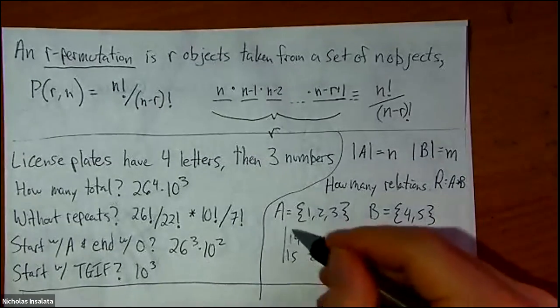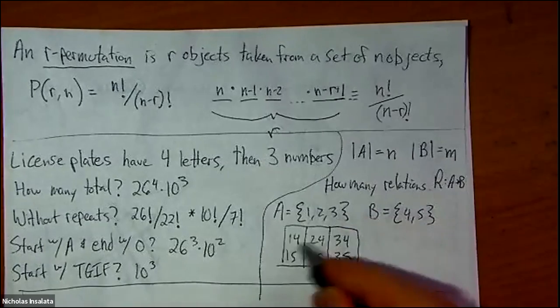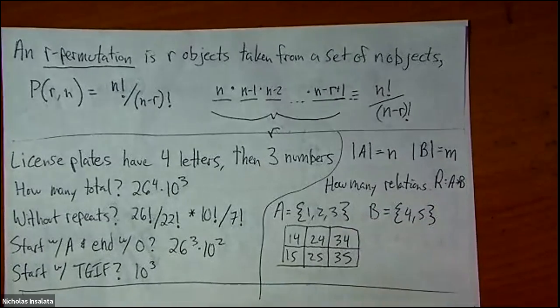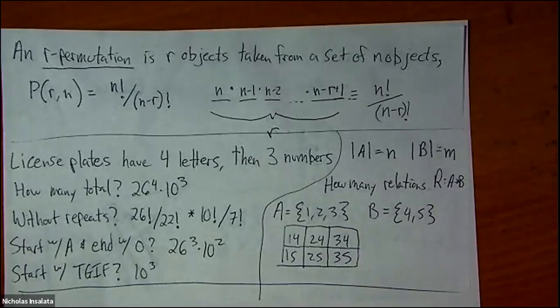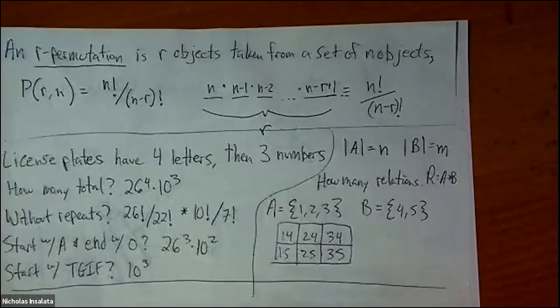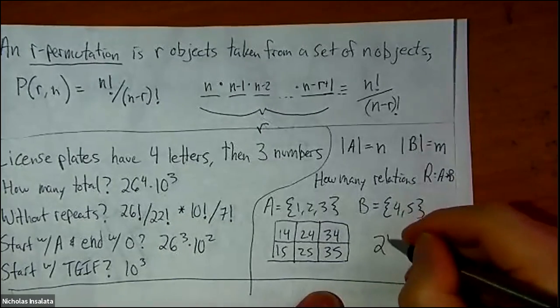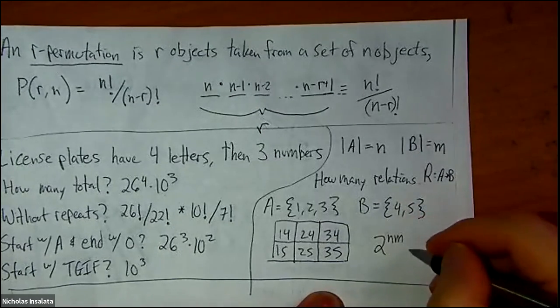Now all of these are what could be in the relation, but not all of them have to be, right? In fact, for each pair, you could choose whether or not to put it in the relation. So can you see? Yeah, there we go. Very nice. So we'd have 2 to the nm relations total.